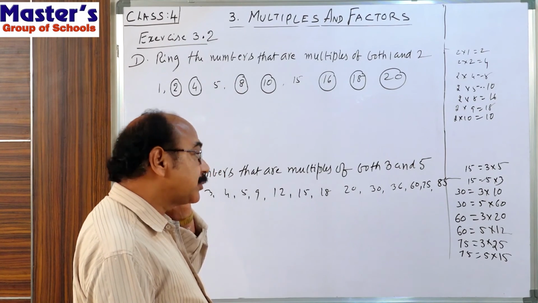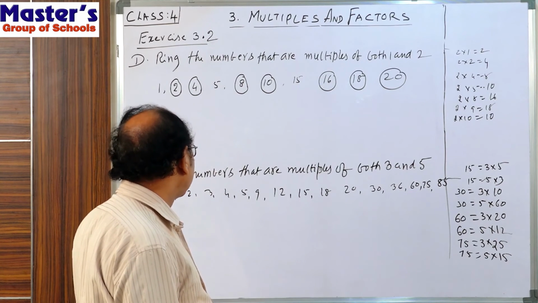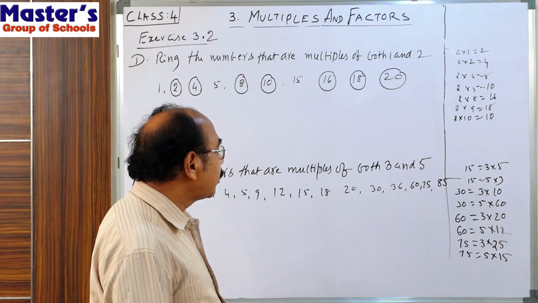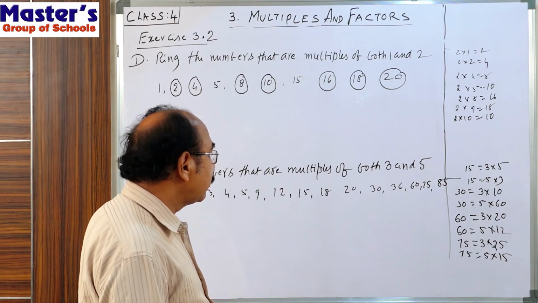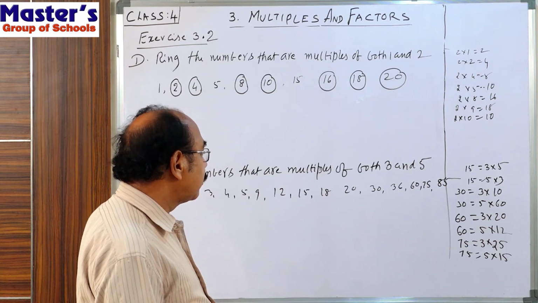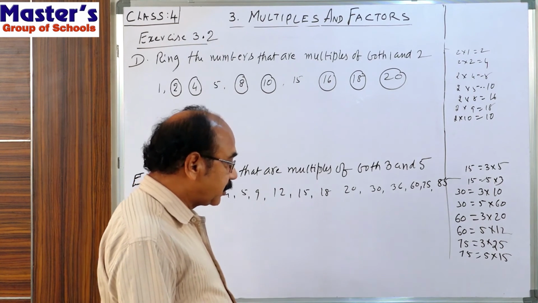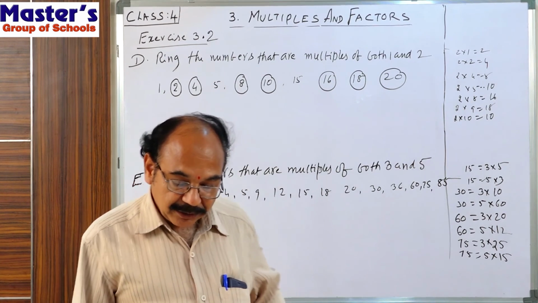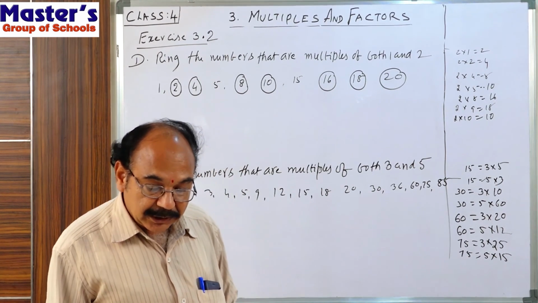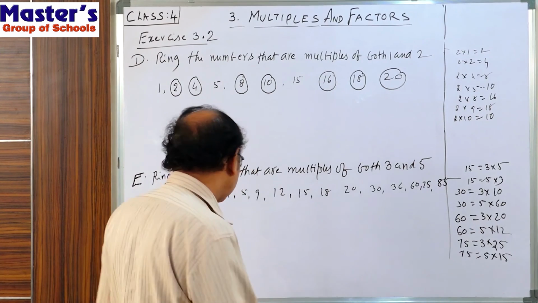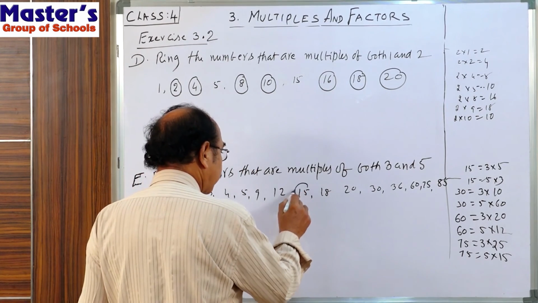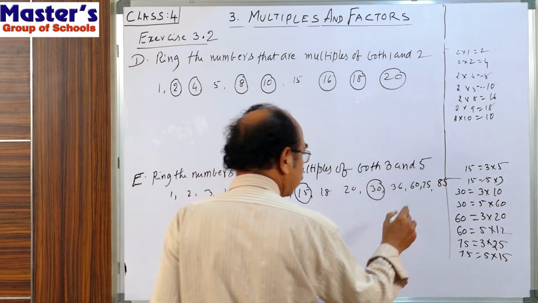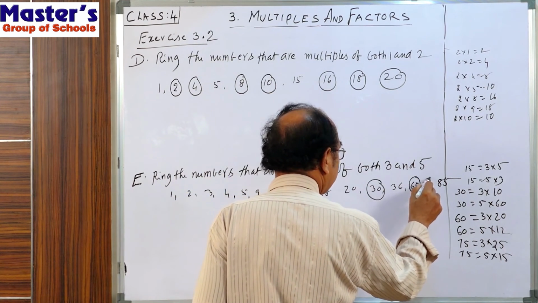So what are the numbers we can mention here? Multiples of both 3 and 5 means what we can mention here? 15, 30, 60 and 75.